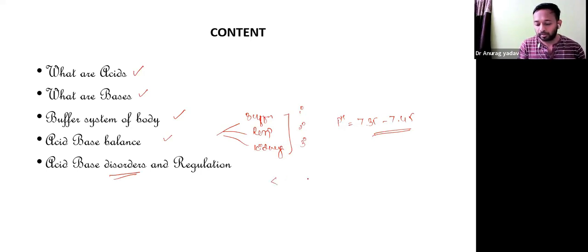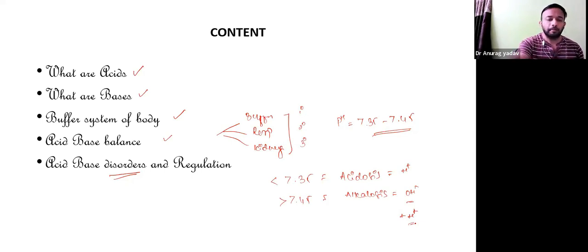Yesterday we saw that below 7.35 we call it acidosis, and if the pH goes above 7.45, we call it alkalosis. Acidosis means there is a lot of H plus ions. Alkalosis means there is a lot of base, OH minus ions, or those that can accept H plus ions and reduce the acid content in the system. So this is what we learned yesterday.